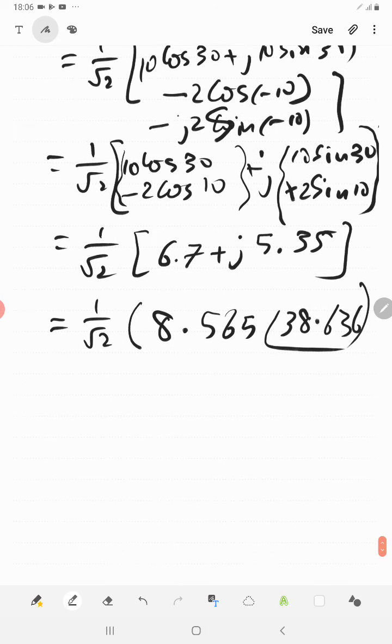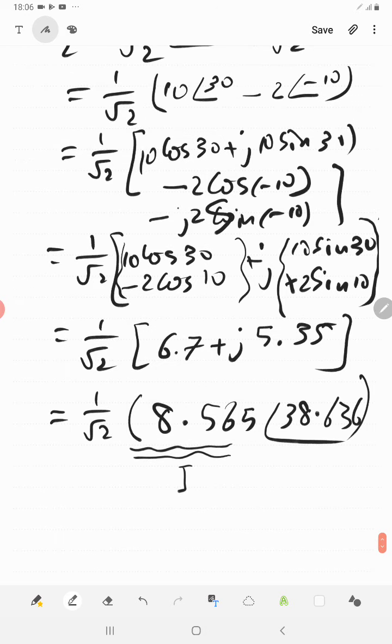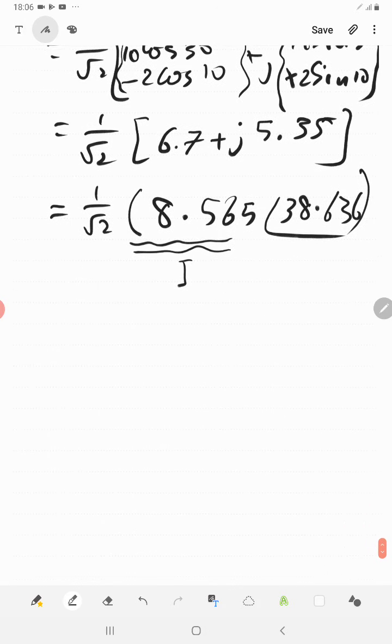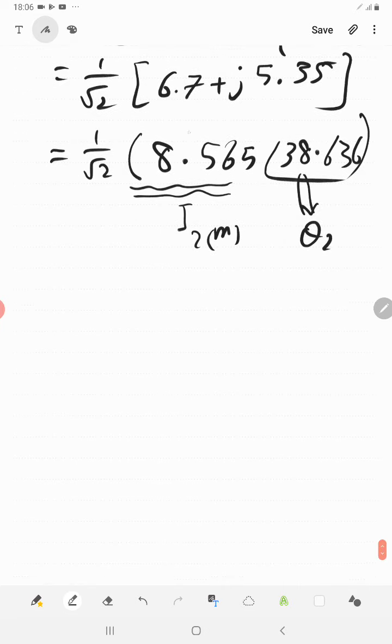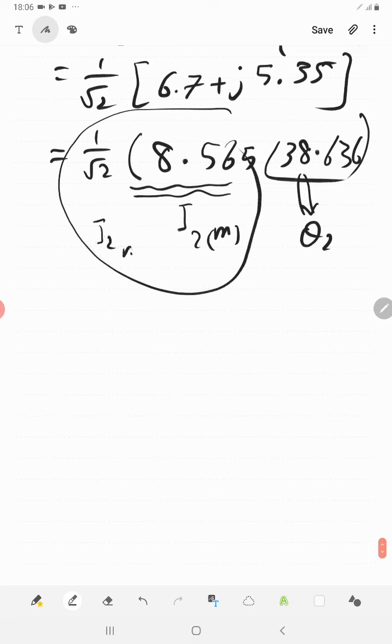Which means that this is I2, I2 maximum, and this is theta 2. So this is the RMS, I2 RMS.